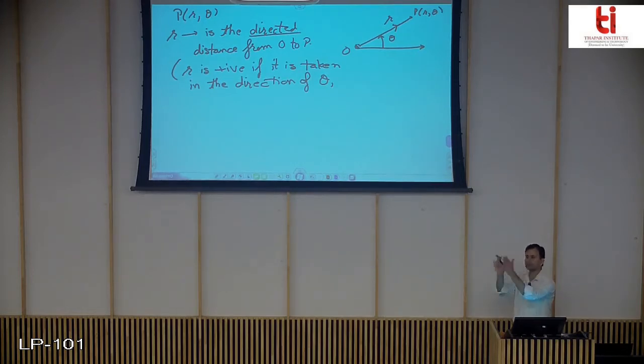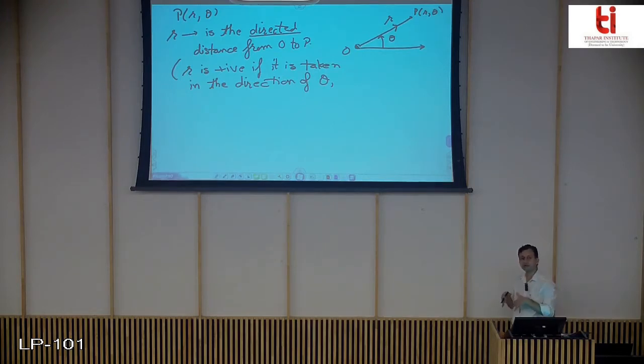From the origin you rotate 30 degrees, and then you are looking in the direction of 30 degrees. So when you move in the direction of angle 30, r is taken positive. However, if you step backwards, that is opposite to the direction of the 30 degree angle θ, r is taken negative. So keep it in mind: r is taken positive when you move in the direction of θ, whatever θ is given or you are taking.